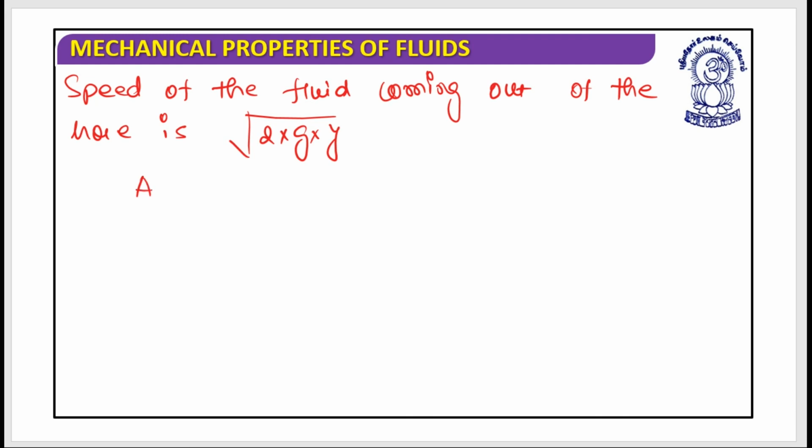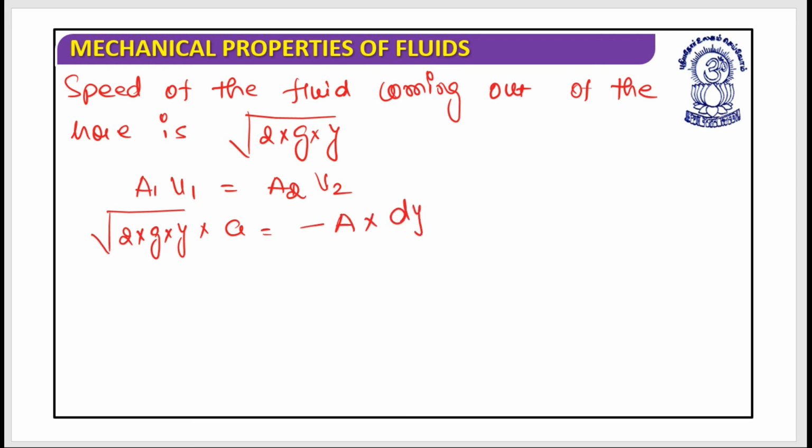Now according to the equation of continuity, a1 v1 equals a2 v2. So from this, a times root of 2 into g into y, the velocity, multiplied by the cross sectional area, equals minus A times dy by dt. Why this minus? Because the height is decreasing.